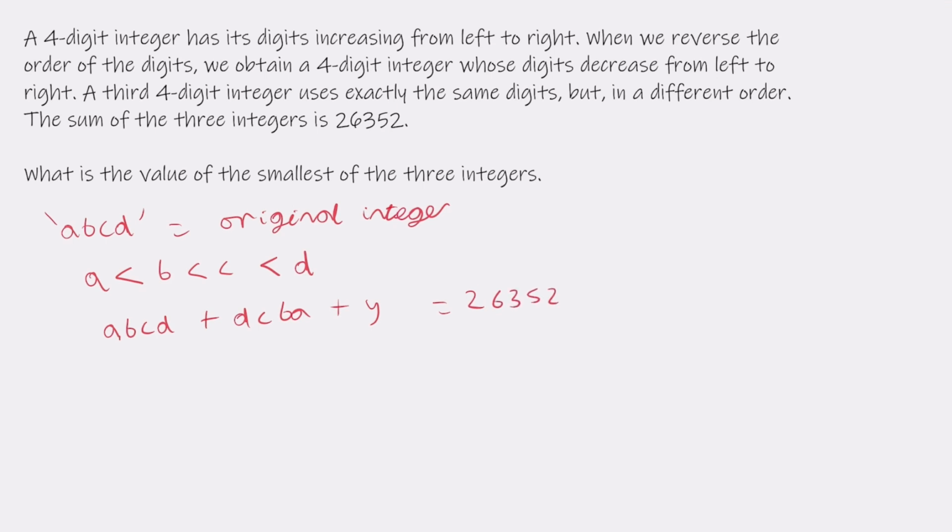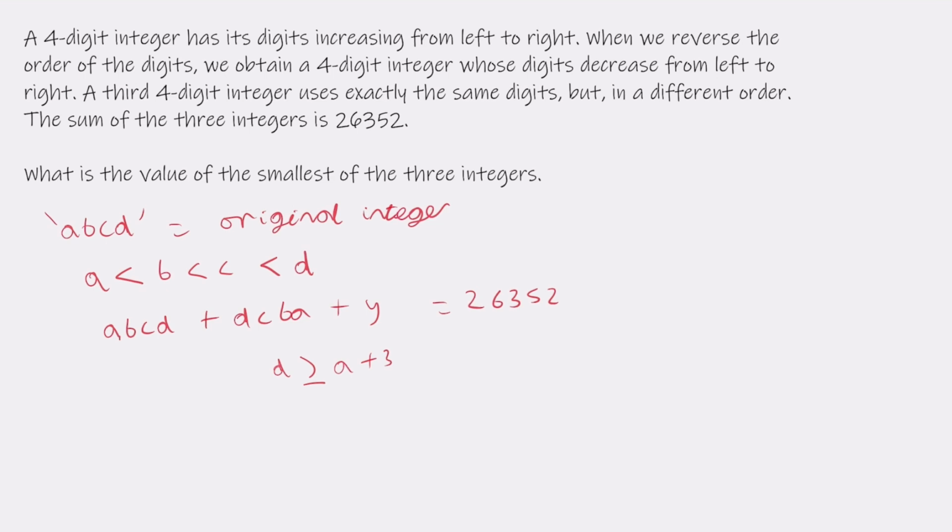Here, Y would be a 4-digit integer, and we can note that because in the original integer, D must be at least 3 larger than A, so we can think of D as greater than or equal to A plus 3. And in the same way, we can conclude that A must be less than or equal to 6, because if it was 7, we couldn't have a digit which is 3 more than 7, because the highest single digit would be 9.